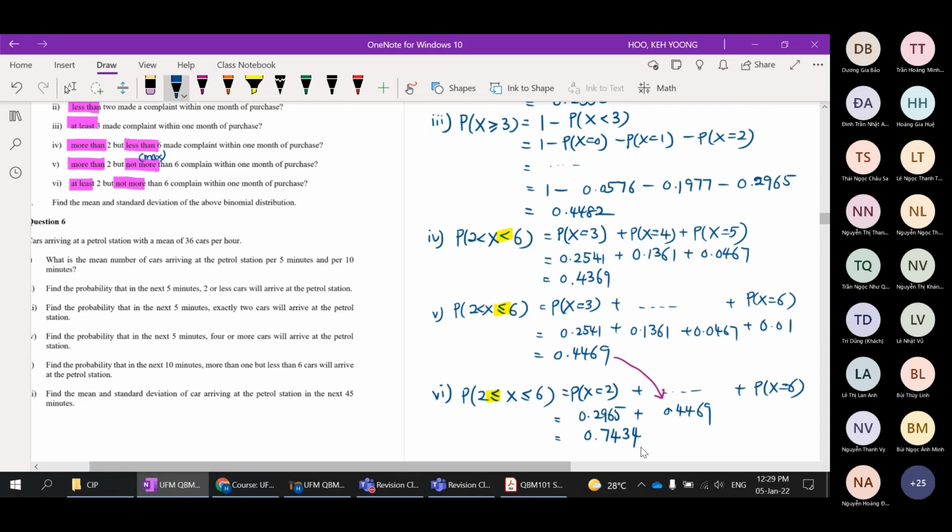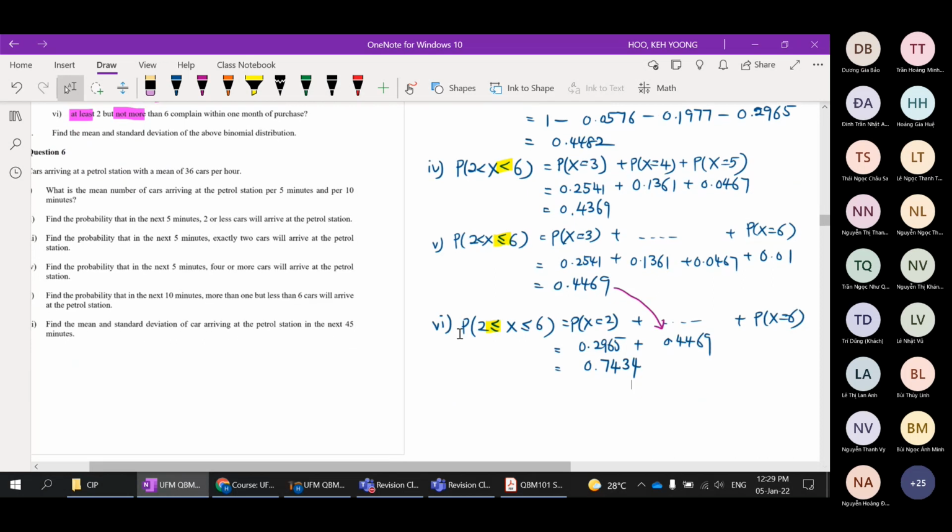And then find the mean and standard deviation. Mean is mu, n times p. For standard deviation, the symbol is sigma. Just now we found variance, right?